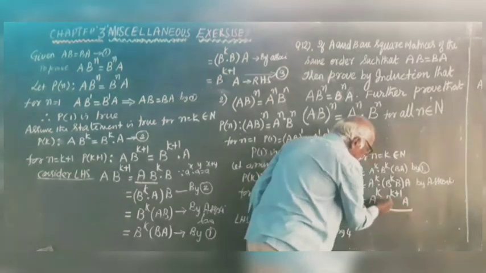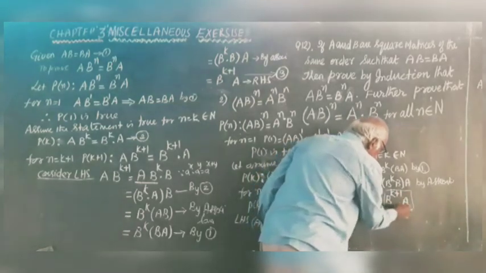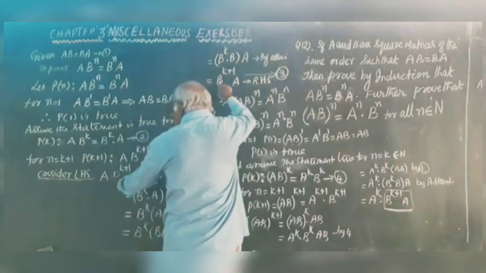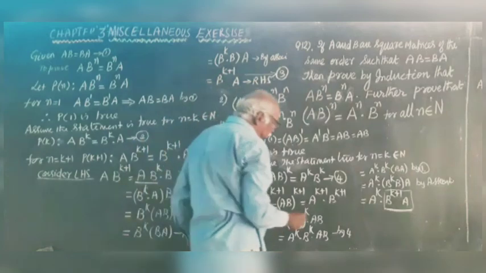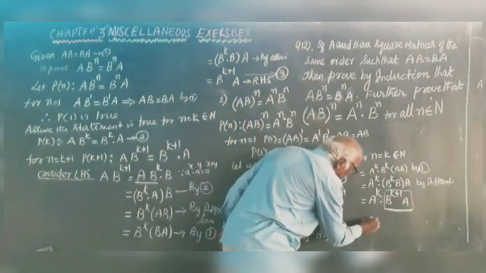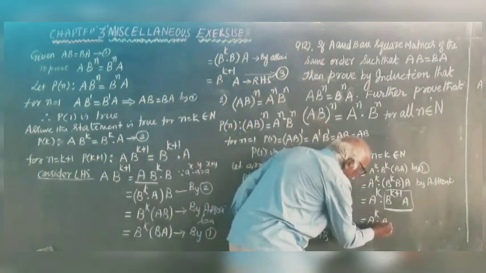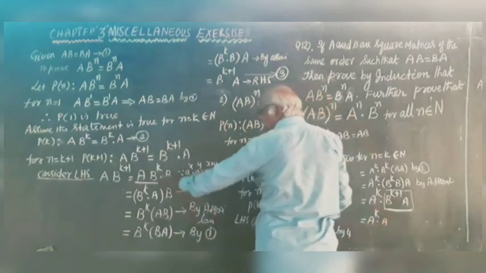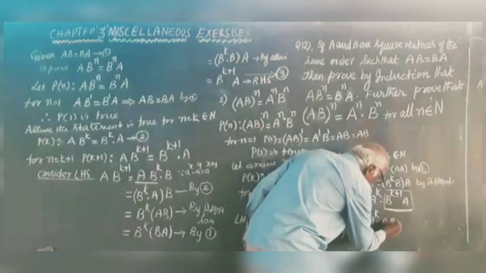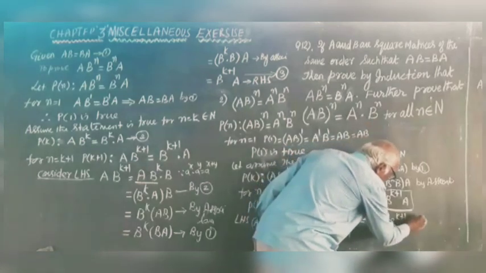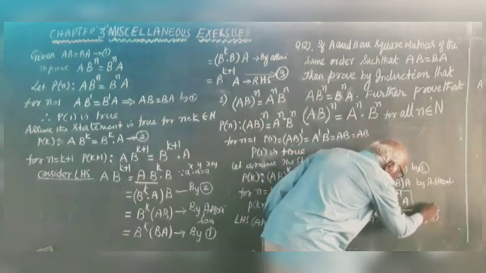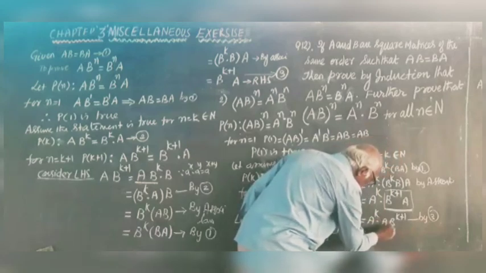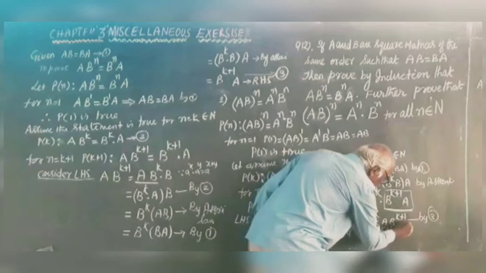b^(k+1) into a is a into b^(k+1). So a^k into a into b^(k+1), which is a^(k+1) into b^(k+1).